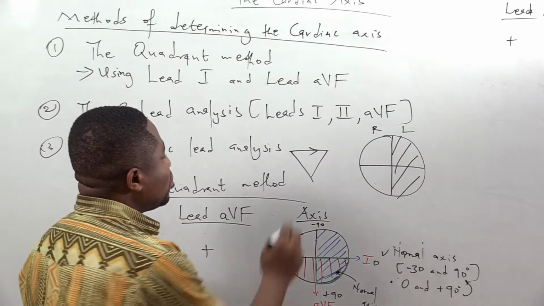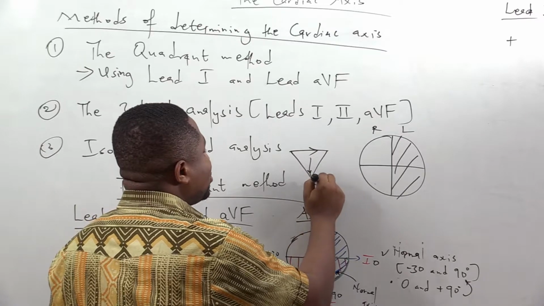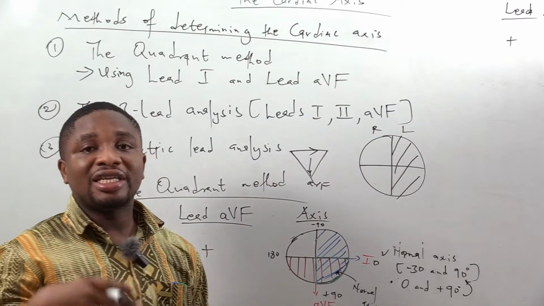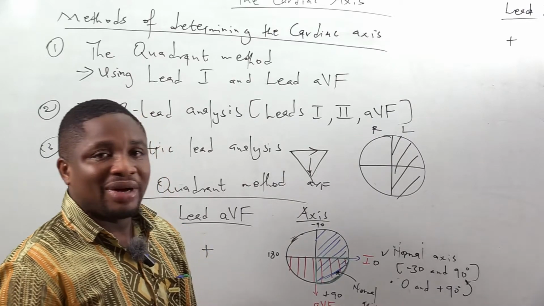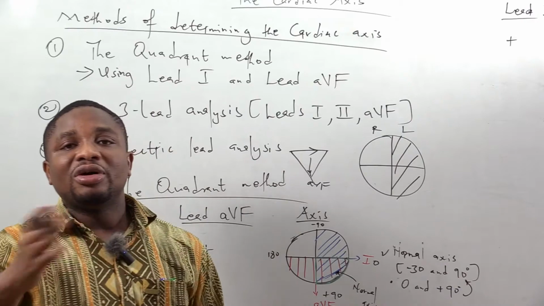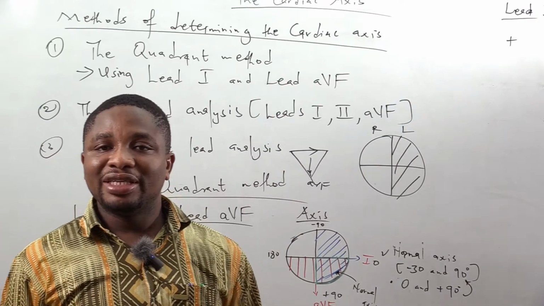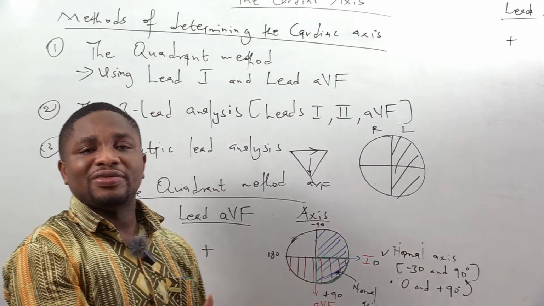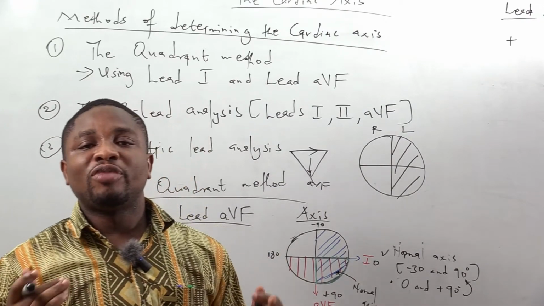Then if you come to lead aVF, which we know points towards the ground, you can see that it's pointing downwards. So in that manner, you can divide the circle transversely, in a transverse plane, where you are going to have superior and inferior. Then you ask yourself, where does the aVF point to?